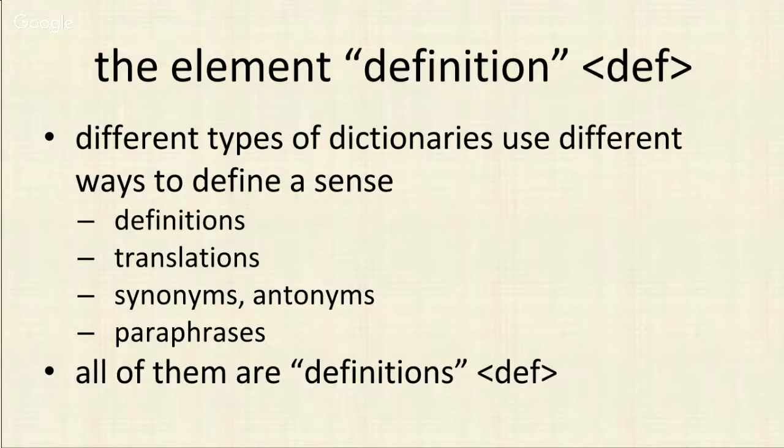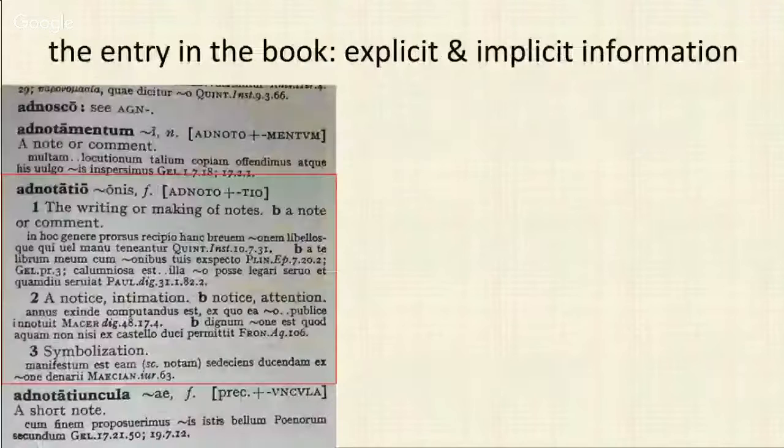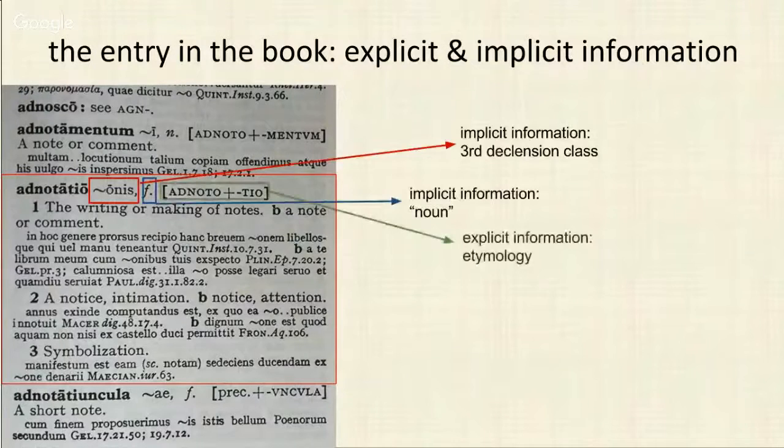TEI does not distinguish among these types, principally. All of them are definitions and can be encoded through the def element. Let's go to the next one and try to start encoding. Chiara, press enter three times and we will see everything there.